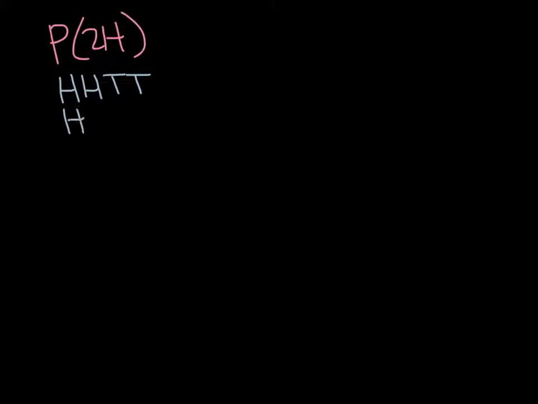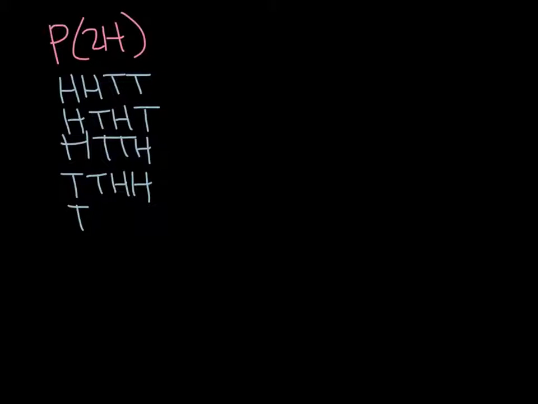Now let's look at the probability of getting 2 heads. This is even more complicated because there are even more ways we can do this. We can get heads, heads, tails, tails, heads, tails, heads, tails, head, tail, tail, head, tail, tail, head, head, tail, head, tail, head, and tail, head, head, tail.